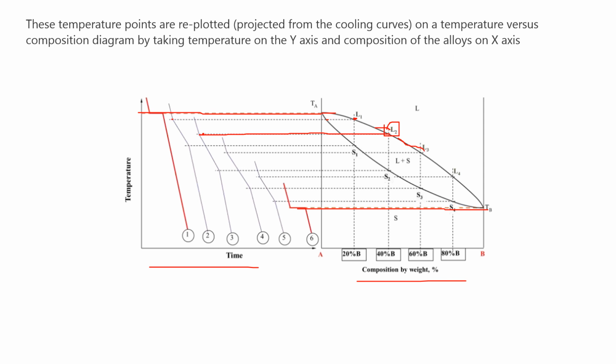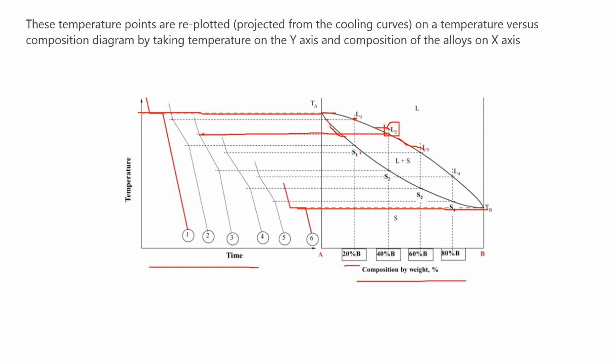After we get the points, these points are joined and we get a liquidus curve over here and a solidus curve over here. S1 is solidus point 1, S2 is solidus point 2, S3 is solidus point 3, S4, and similarly above, L1, L2, L3, L4 are the liquidus points.